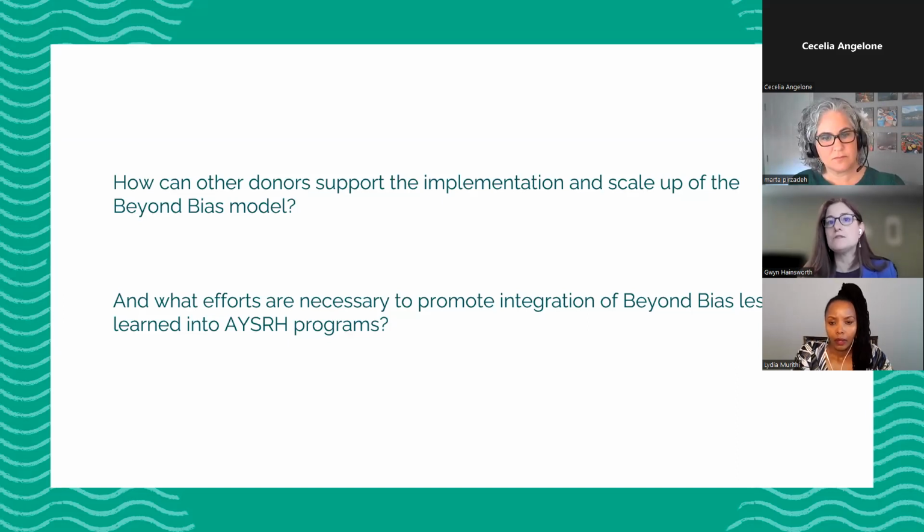And then on the donor side, really looking at what's being proposed. Are people proposing something that goes beyond the traditional status quo approaches, like training that we already know are ineffective? And are they incorporating things like the Beyond Bias model or some adaptation of that?